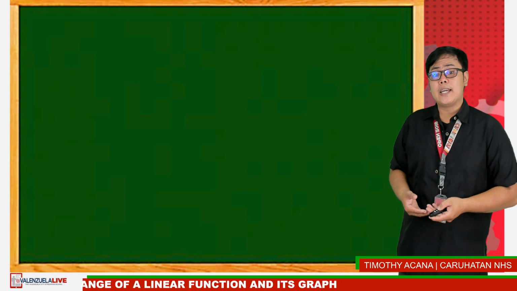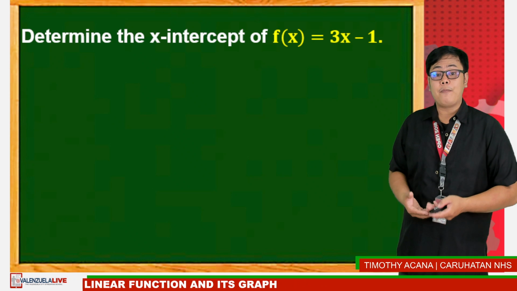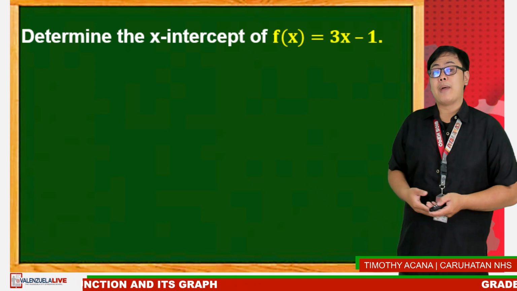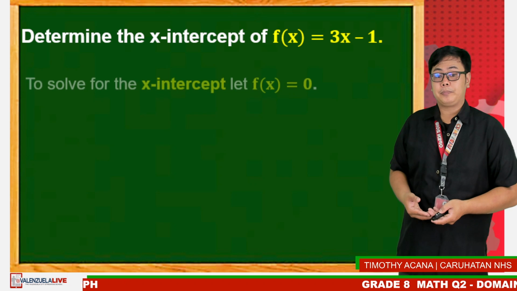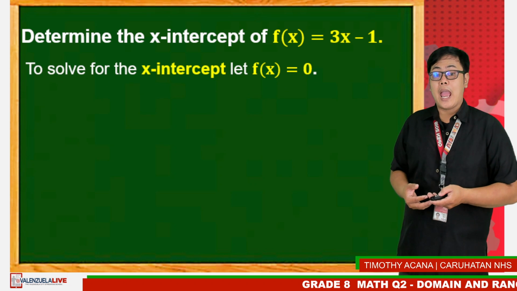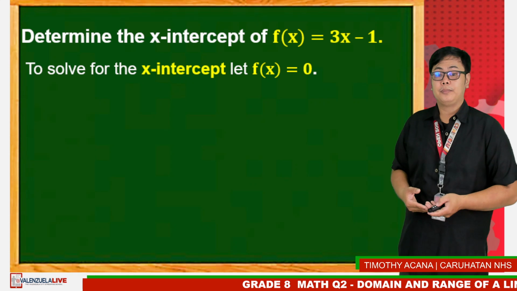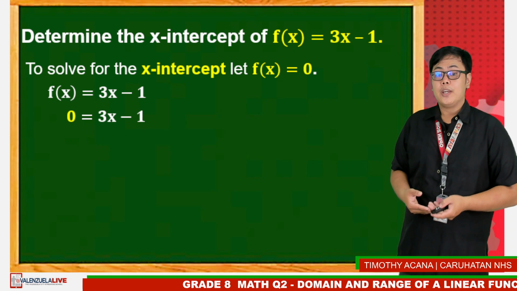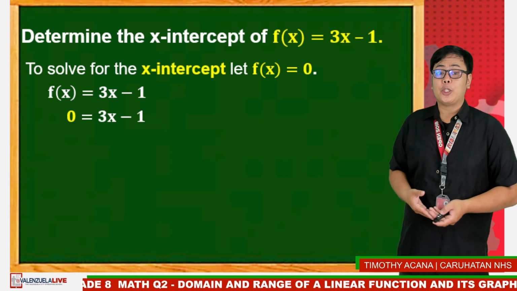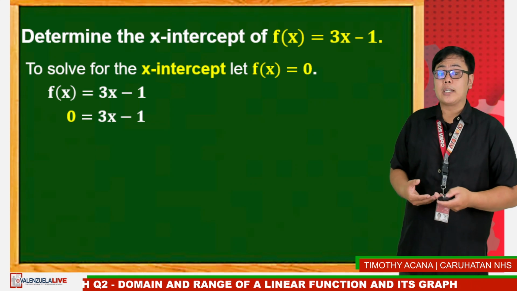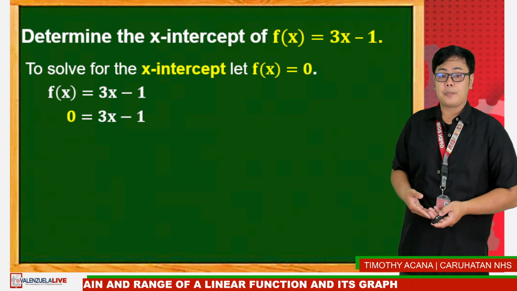Now, let us determine the x-intercept of f(x) = 3x - 1. To solve for the x-intercept, let f(x) be equal to 0. We have 0 is equal to 3x - 1. Using the subtraction property of equality, subtract 3x from both sides of the equation.